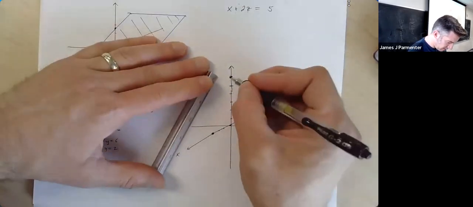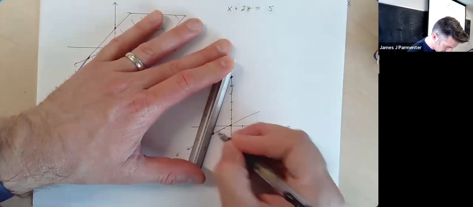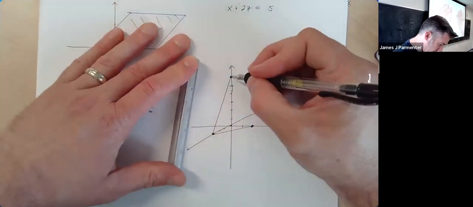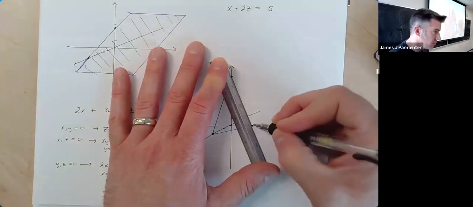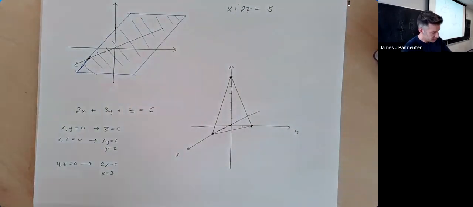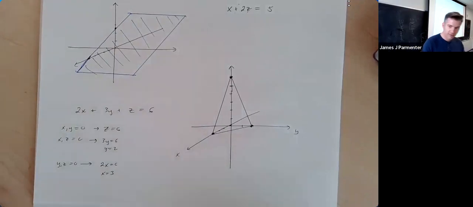Even though I know there's more to this plane than this triangular looking section of it, no one really draws more than that. You could try to draw more, but it usually does not go well for me. All right, enough about planes.